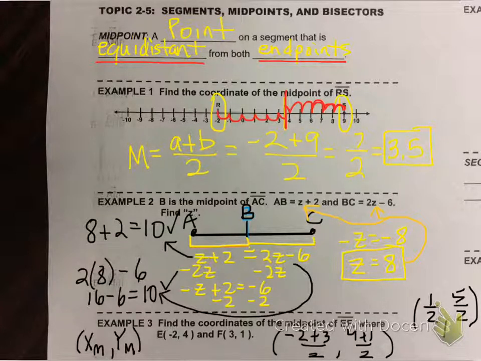So 1/2 and 5/2 make up your midpoint of line segment EF. Simply take the x's, add them, divide by 2. Take the y's, add them, divide by 2. That's your x and your y coordinate for your midpoint.